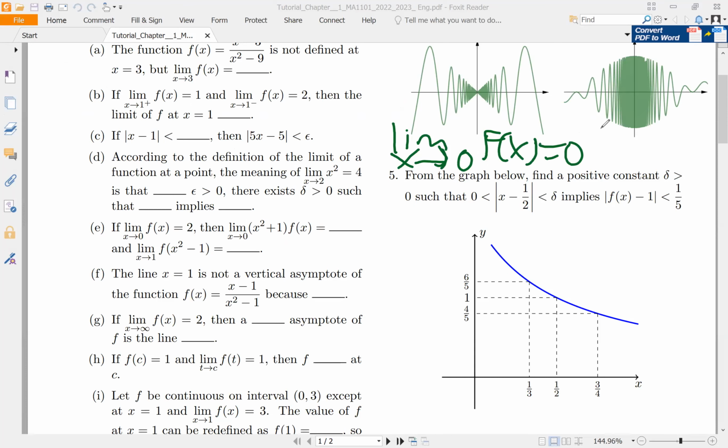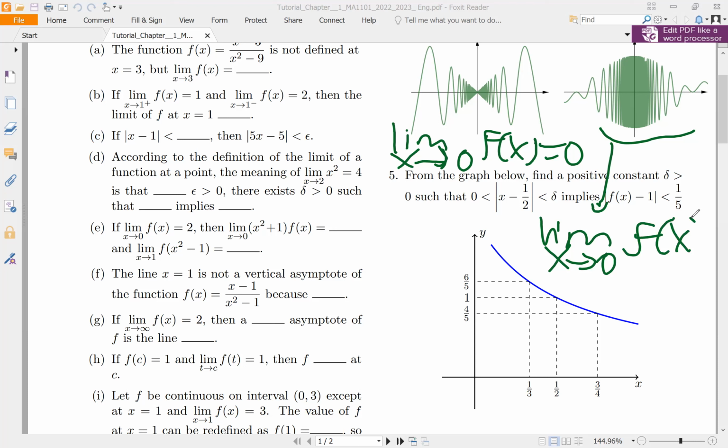What happened with the second one? Here the limit as x tends to 0 of f of x does not exist.